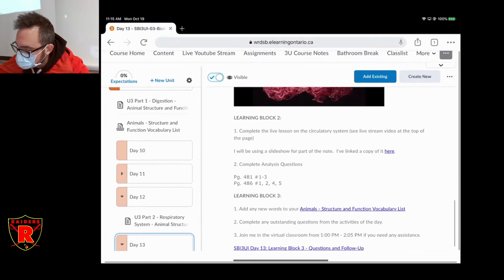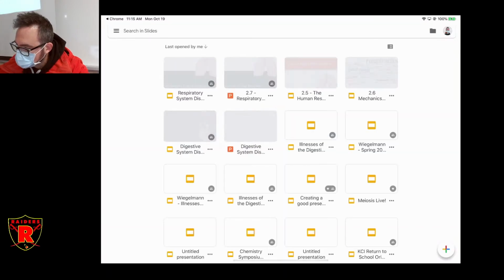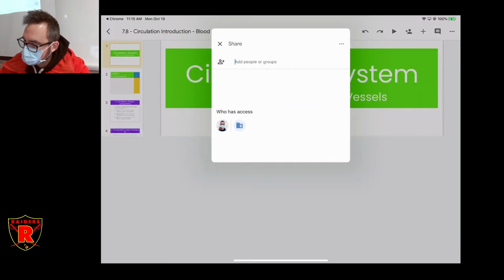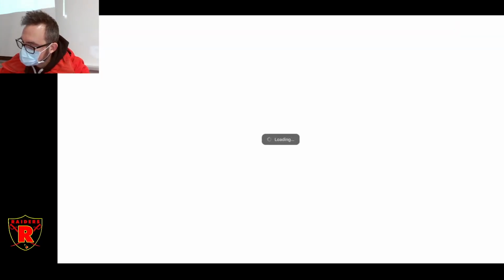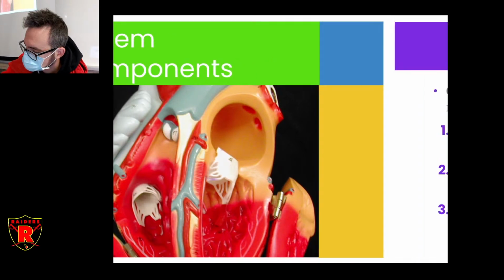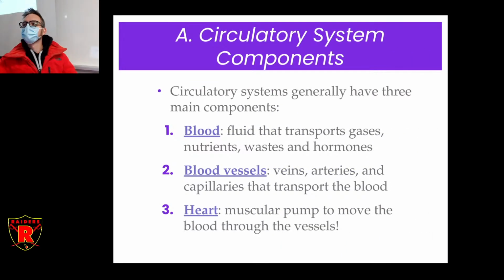It is right here. Okay, it is working. Good.